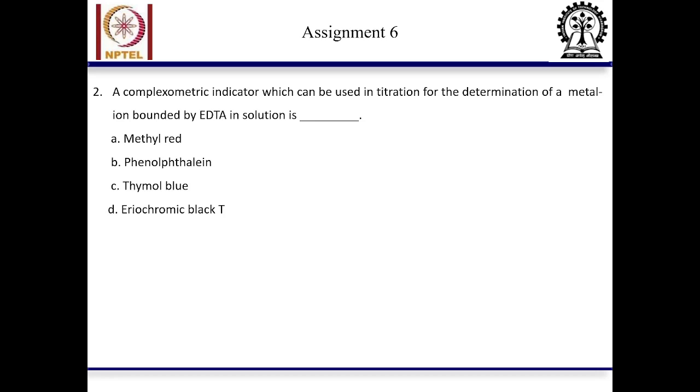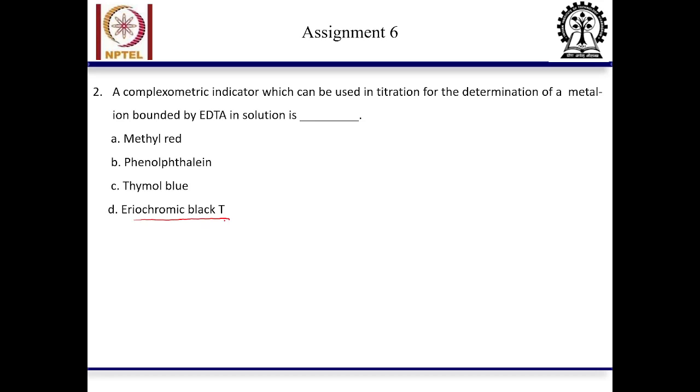The answer is right: Eriochrome Black T. This EBT is very important for water hardness determination. It is important for metal concentration detection. So this is a very important indicator, Eriochrome Black T.